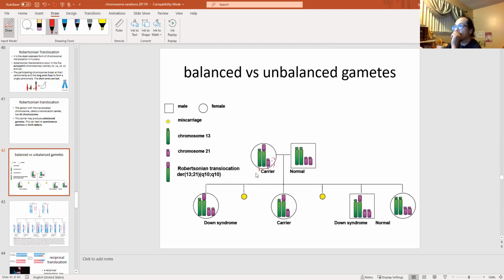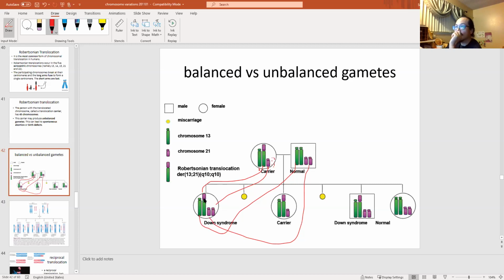So it could be this one, and this one, and this one, and this one. So that's that. Then you have these 21, 21, 21.